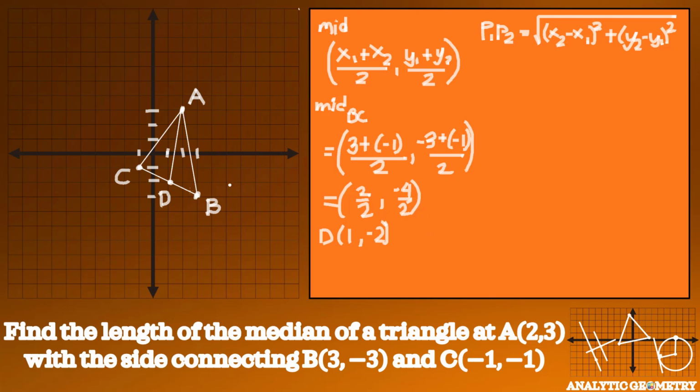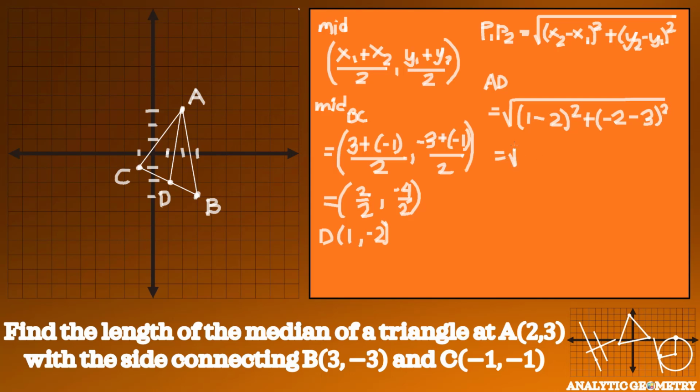Now that we are done with the midpoint of segment BC, let's solve for the length of AD. The distance of AD is equal to, let's pick D as our second point and A as our first point. So our x sub 2 is 1, minus x sub 1 here, which is 2, and you square that, plus our y sub 2, which is -2 for point D, minus y sub 1, which is 3, and you square that.